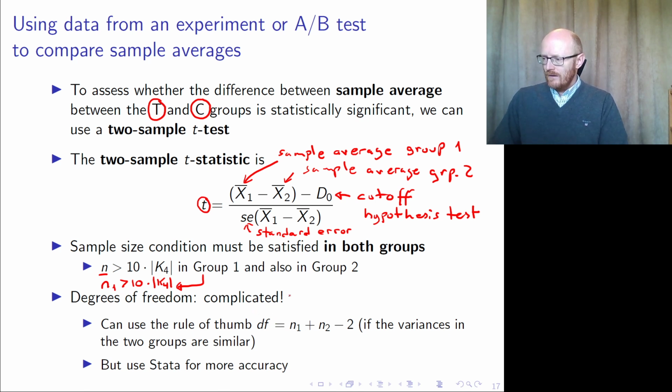But you can use that the degrees of freedom is sample size group 1 plus sample size group 2 minus 2, but only if the variances of the two groups are similar. So you would have to calculate the sample variance of the two groups. It's of course better to use statistical software to do this, and often you get this automatically.